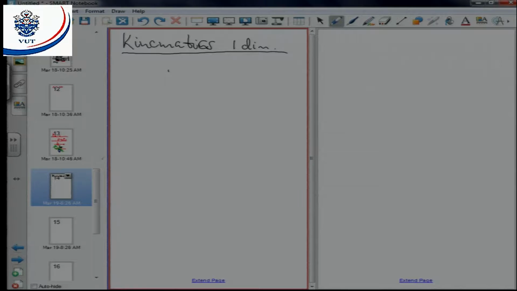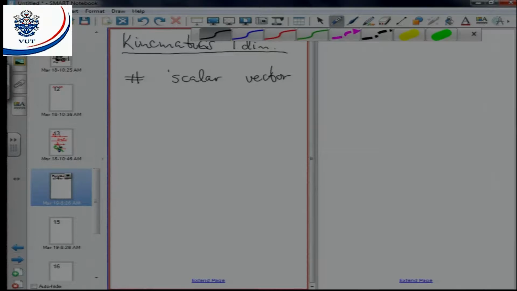So remember last time we spoke about vectors and scalars, and we said we have something called a number, which is a mathematical object. Then we have a scalar, and we had a vector. Okay, so today we are studying examples of these.